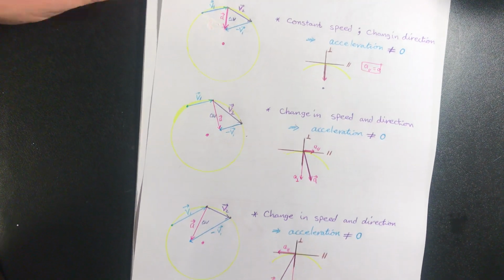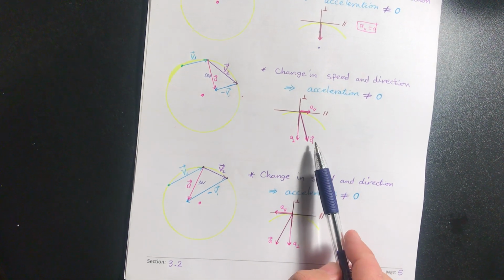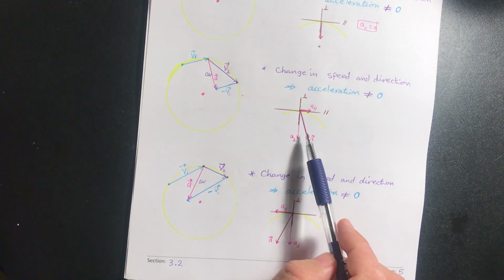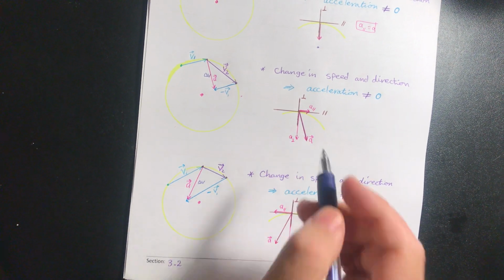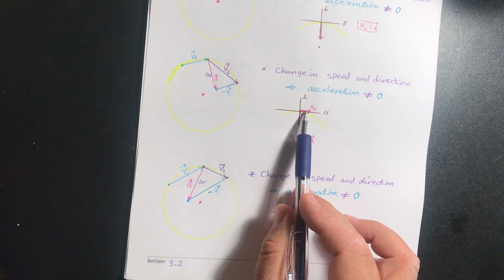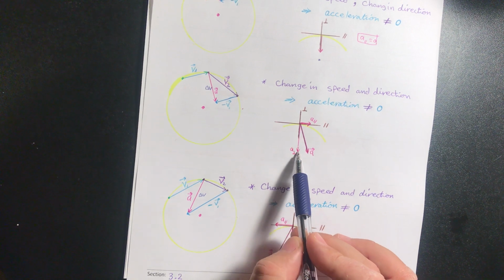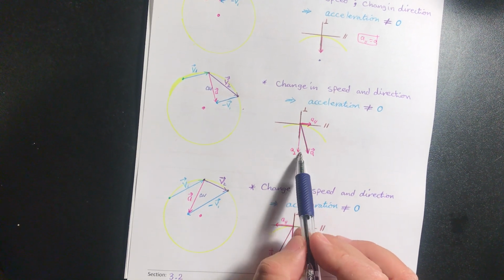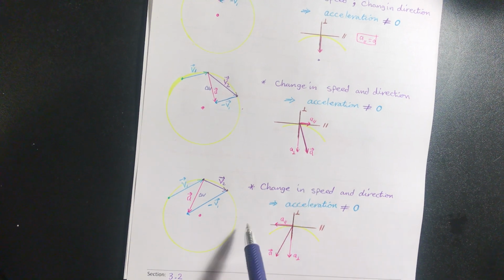But in the second case, the acceleration has an angle from the radius of rotation. Then we have a tangential component in the direction of motion, and we have a centripetal acceleration toward the center of rotation. We have two components for this acceleration.